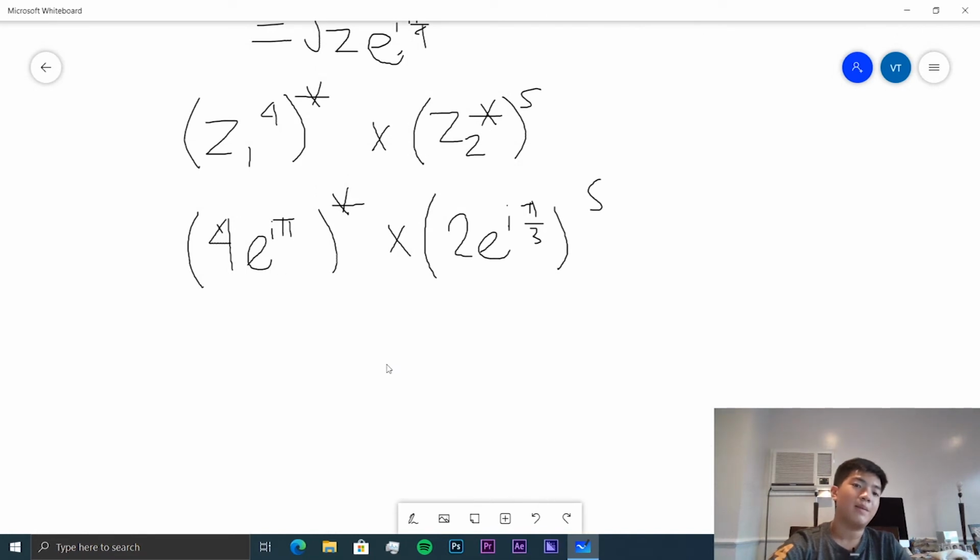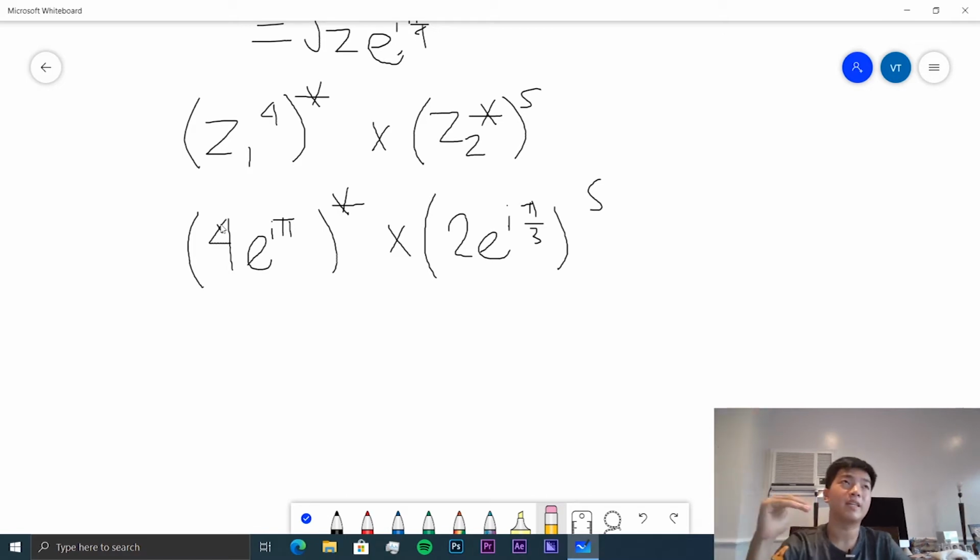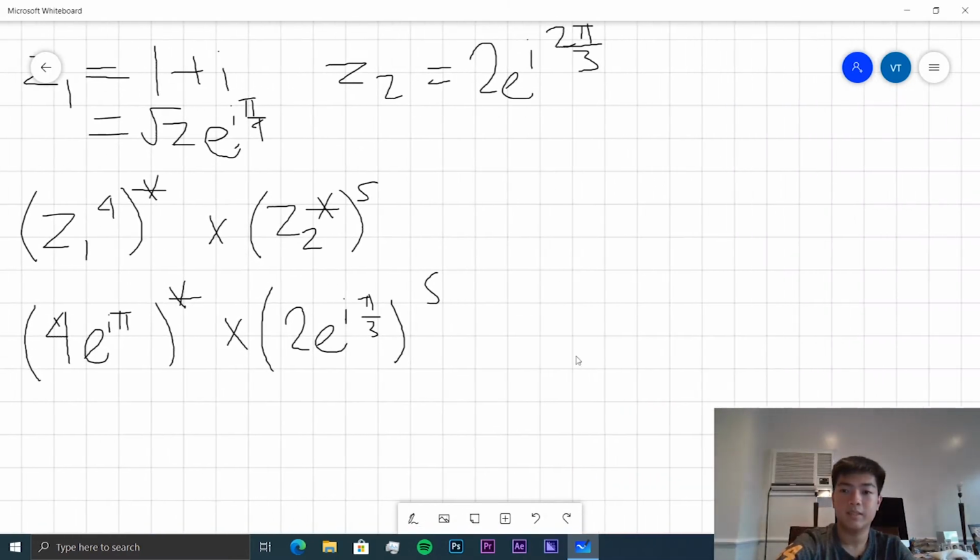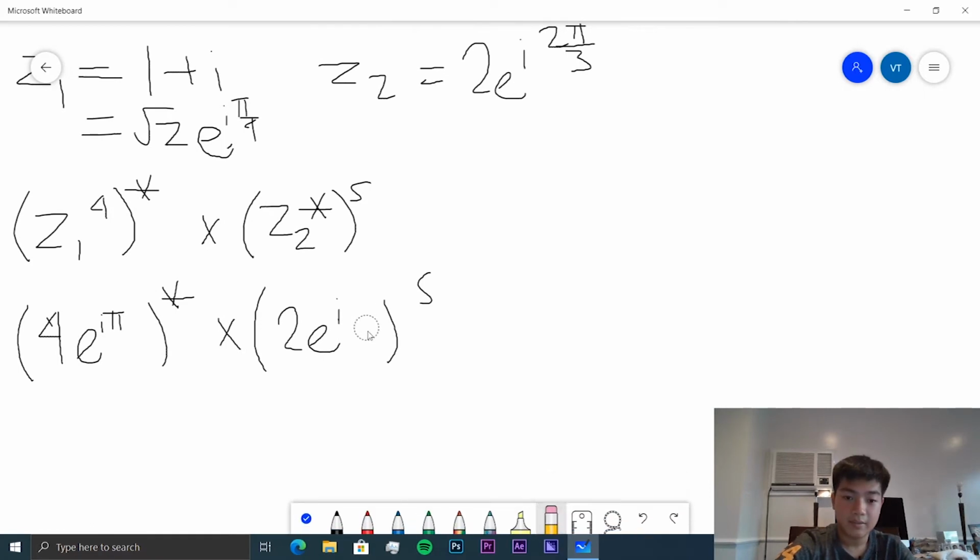So 4e to the i pi is negative 4, so the conjugate is negative 4 still. Oh, sorry, I forgot, with conjugates we have to mirror, so that's actually going to be the negative value of the angle. So this is actually negative 2 pi over 3.